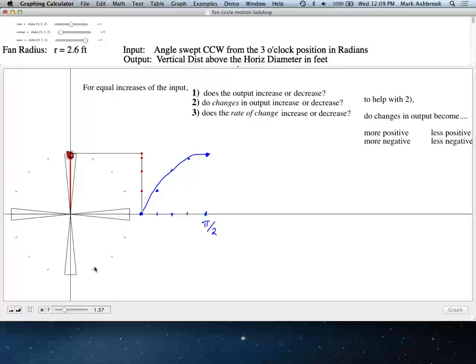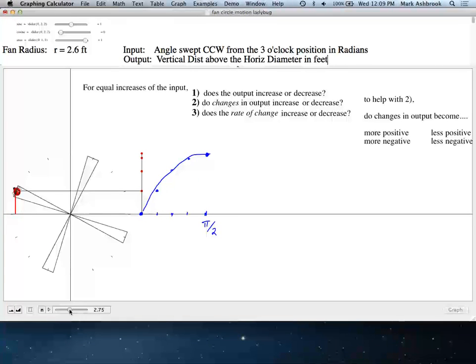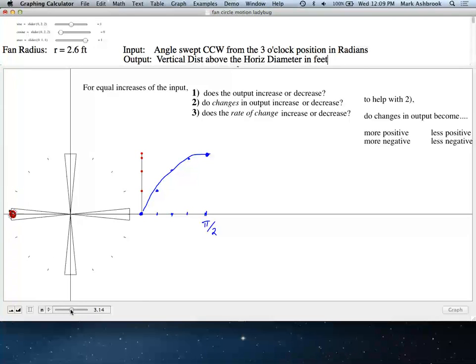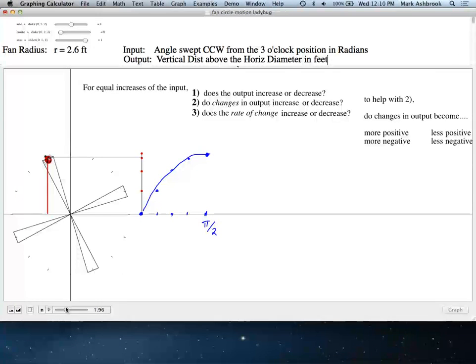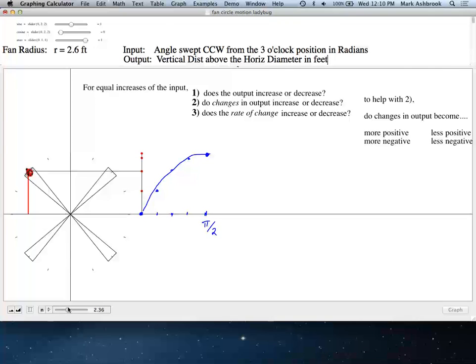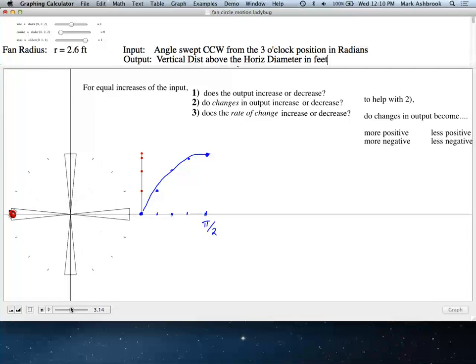Next quadrant. The vertical distance starts at 2.6, and does it increase or decrease? Decreases to what? 0. It's at 2.6 here. That vertical distance decreases to 0. So we know that, and what angle is that right now that I'm showing?